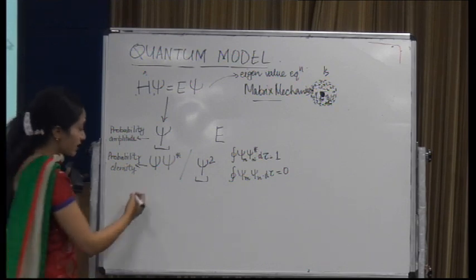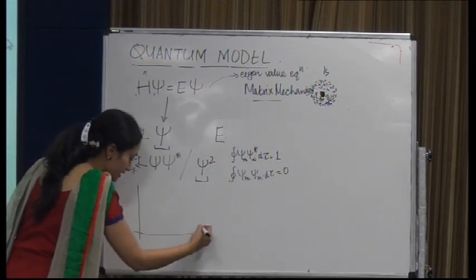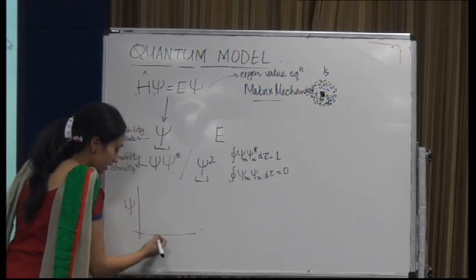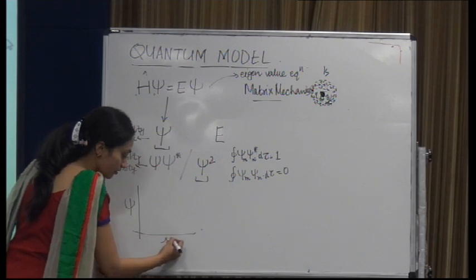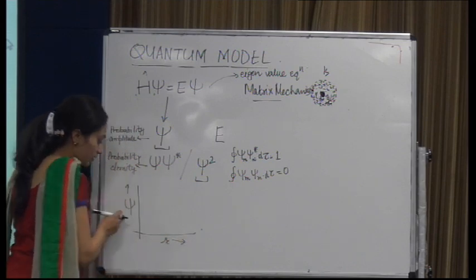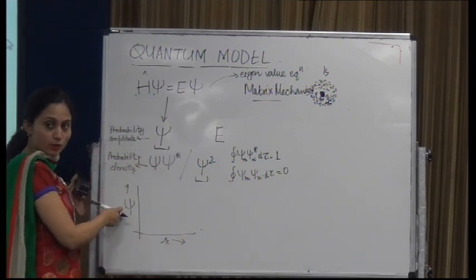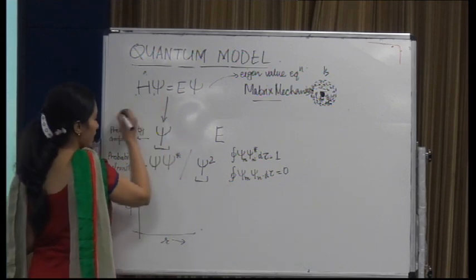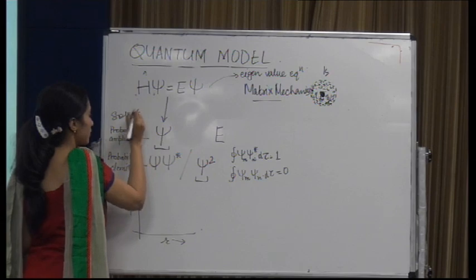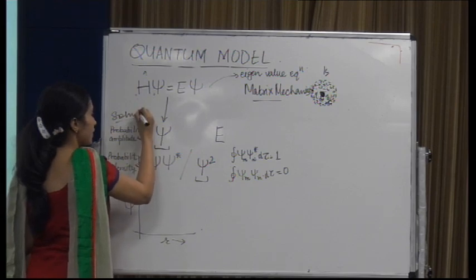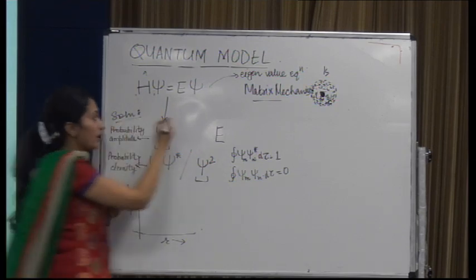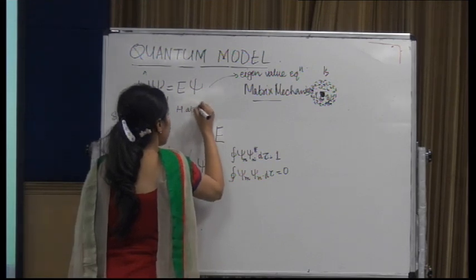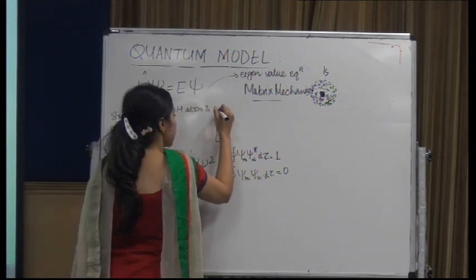Now the point is, you can actually plot this wave function versus say R. Okay, let me tell you the wave function. Now you know the solutions that you get from this Schrodinger wave equation for hydrogen atom and similar systems.